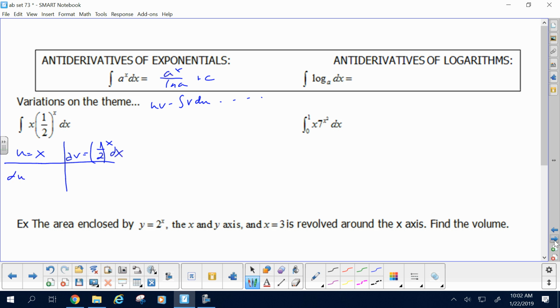du is dx and v. Well, that goes to the antiderivative we just learned. What's the antiderivative of 1/2 to the x? A to the x, so that is 1/2 to the x over natural log of 1/2. No, I don't make a plus.